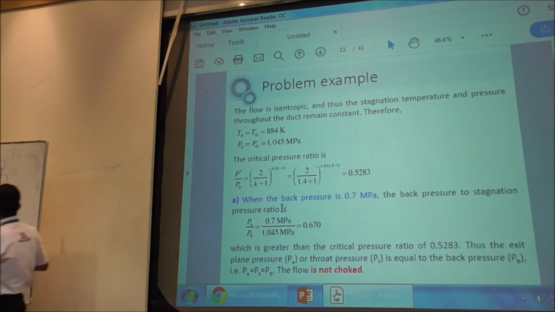If PB is more than P star, the flow is not choked. If PB is less than P star, the flow is choked.